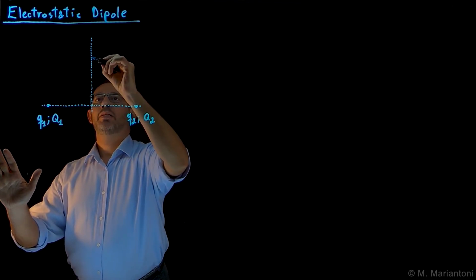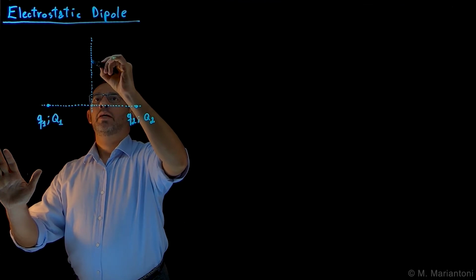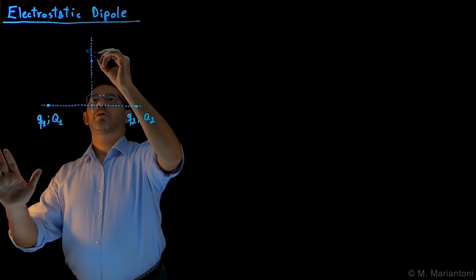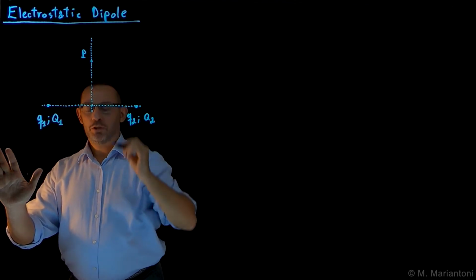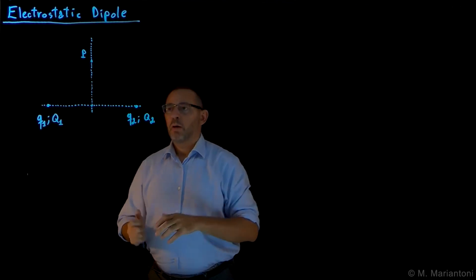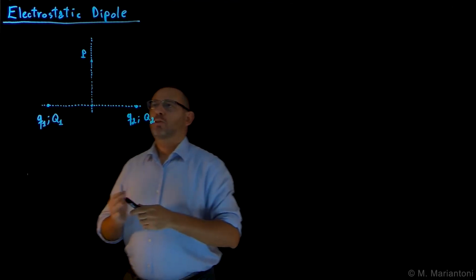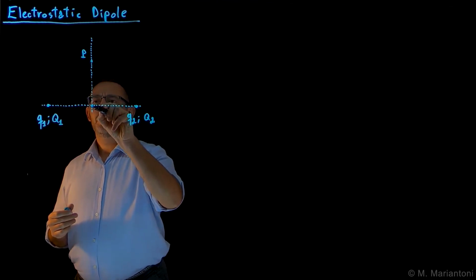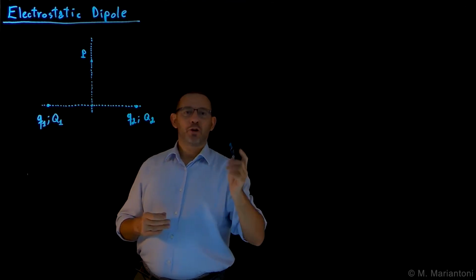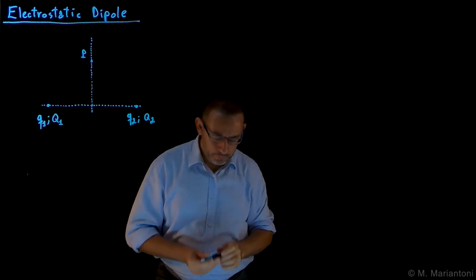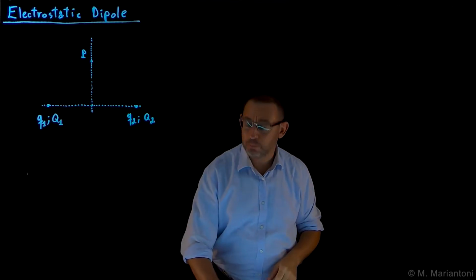For example, at a point here, capital P in space. This is my observation point. As a limiting case, of course, you can also then find it at this point here, which is the midpoint of the segment connecting capital Q1 and capital Q2, and eventually I will ask you to do it everywhere in space. And this is something which I want you to discuss in Piazza.